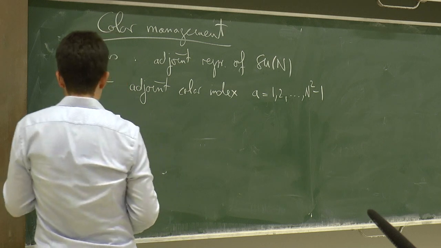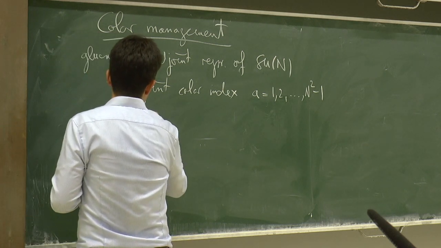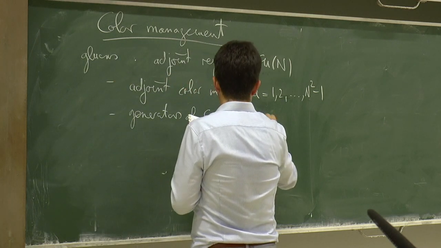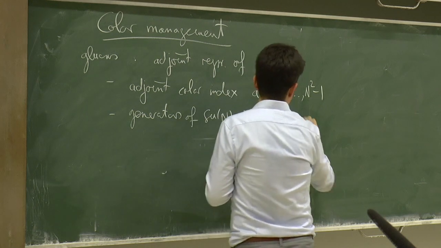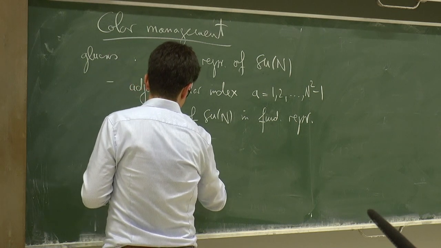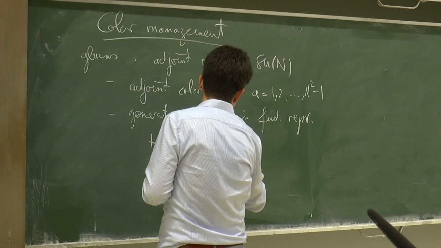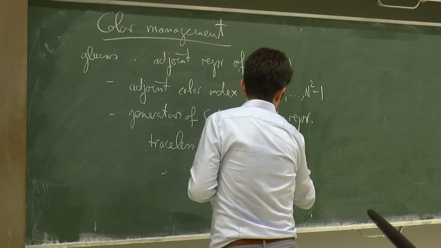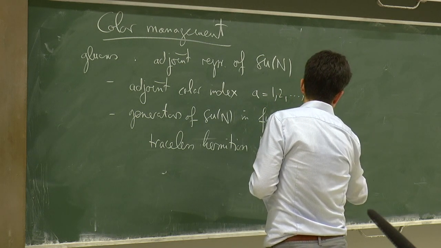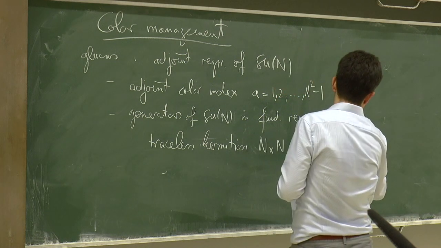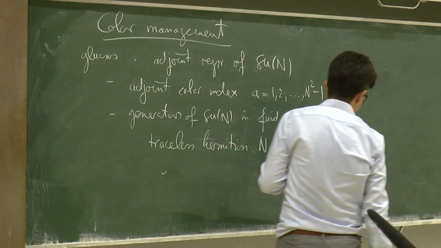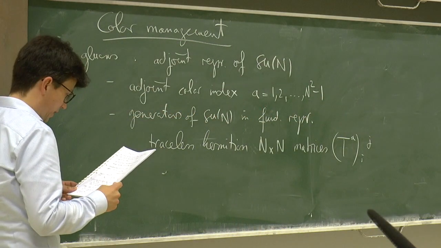And then we need the generators of SU(N) in the fundamental representation. These are traceless Hermitian N times N matrices. We denote them by T^A. There are N squared minus 1 such matrices, and they have fundamental indices i and j that run from 1 to N.